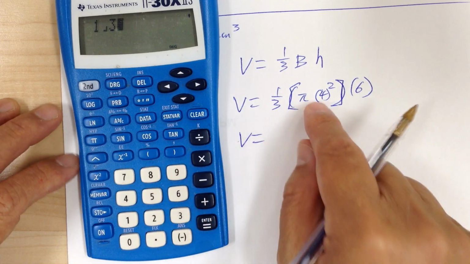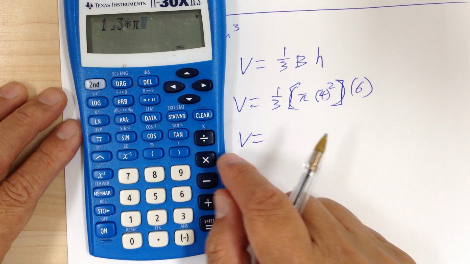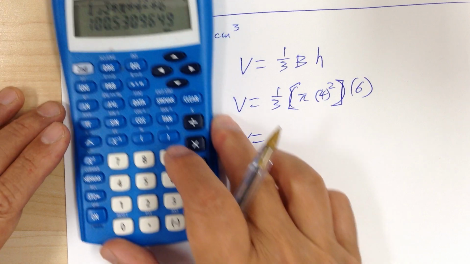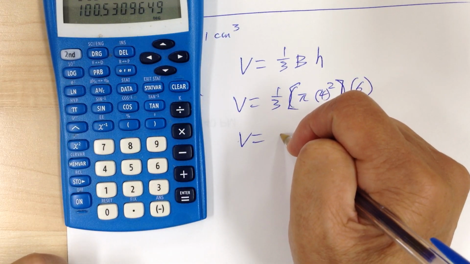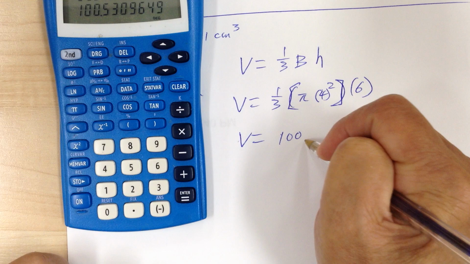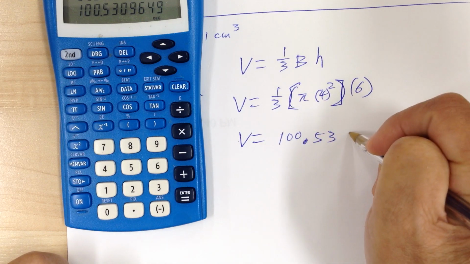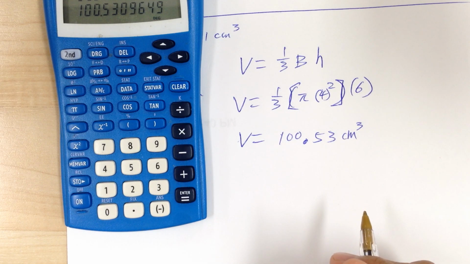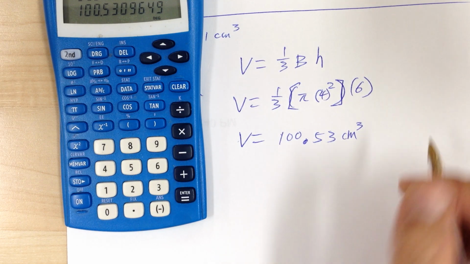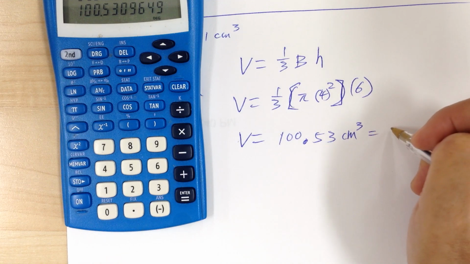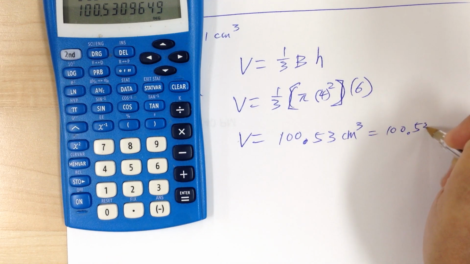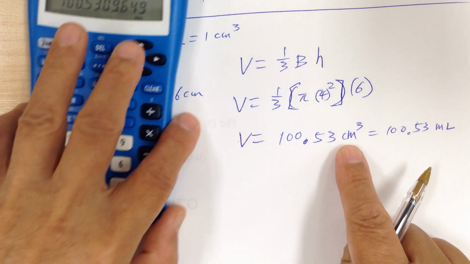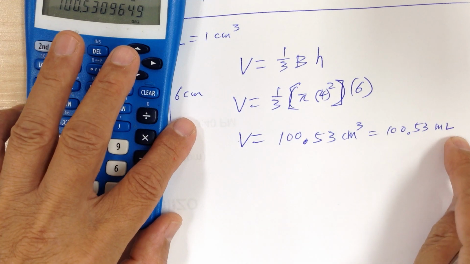So 1/3 times pi times 4 squared times 6 equals. The volume is about 100.53 cubic centimeters, which is also equal to 100.53 milliliters. So cubic centimeter equals milliliter.